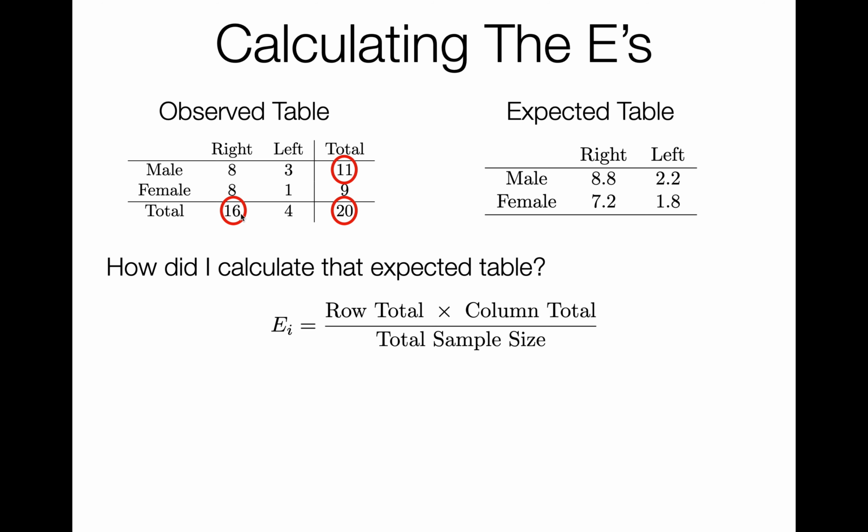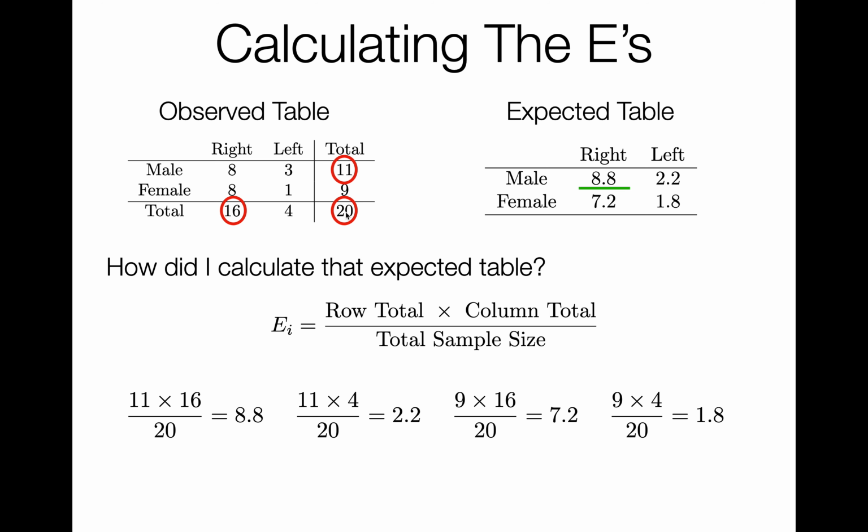When you do 11 times 16 divided by 20, you get 8.8. Down here is the actual equation there. 11 times 16 divided by 20 is 8.8, and you can do the same thing for the four cells. That's how you get that expected table.